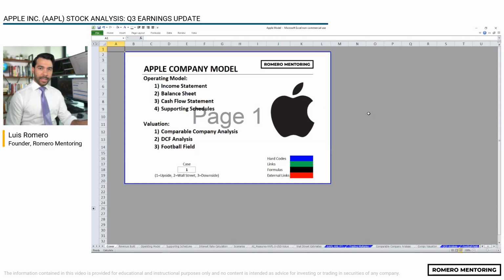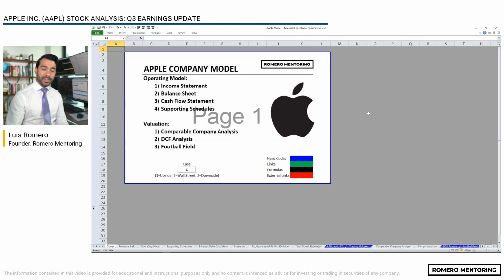So with that being said, folks, let's get started and focus our attention to our screen. What you're getting to see now is a full-blown operating model on Apple, where we are putting together a revenue build-up, forecasting each one of the product categories, what is the expected revenue growth on each one of those categories, then also what is the cost associated with those product categories, and build a full-blown consolidated financial model where we are projecting their sales, their profits, their earnings potential, and then we're applying different valuation methodologies.